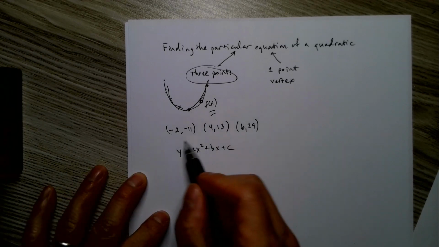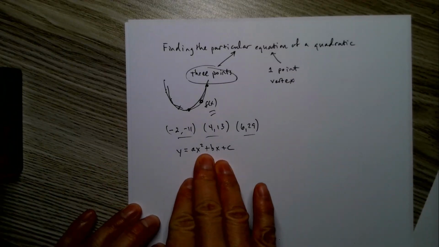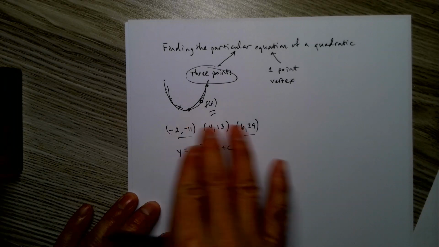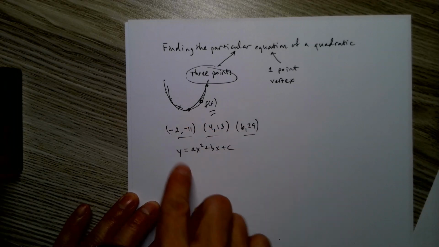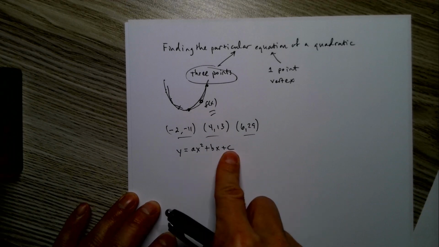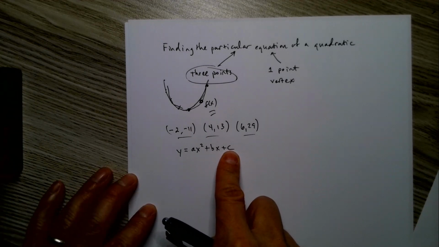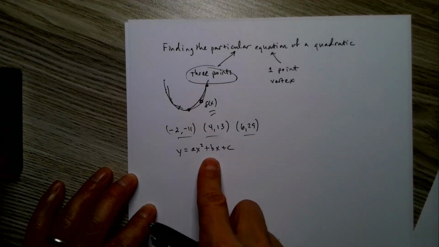So if these 3 points are members of this function, then that means these ordered pairs fit the function. So I can put any one of these ordered pairs into the function, and the function will work for those 3 points. And so I'm going to do that one at a time.